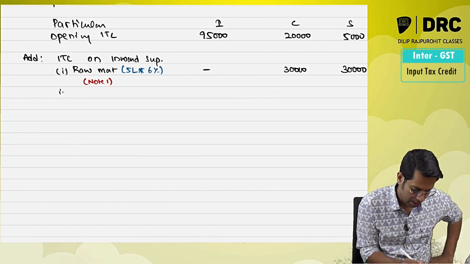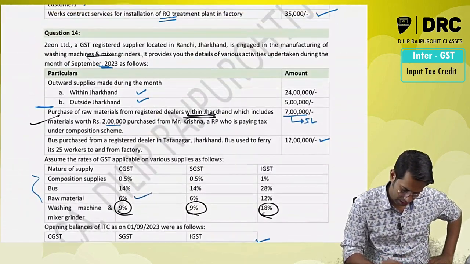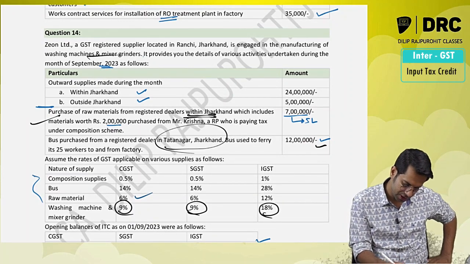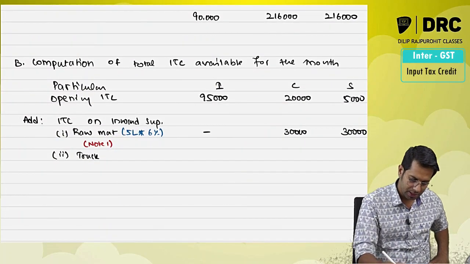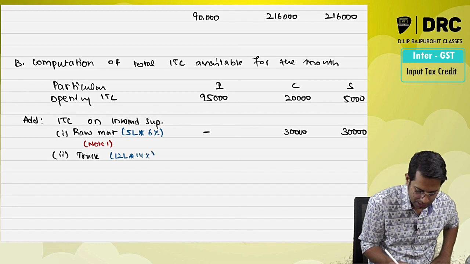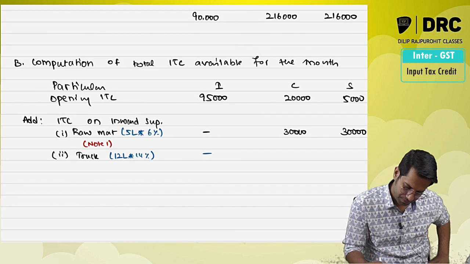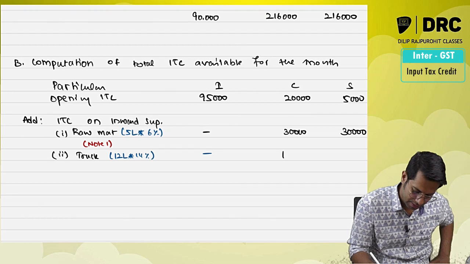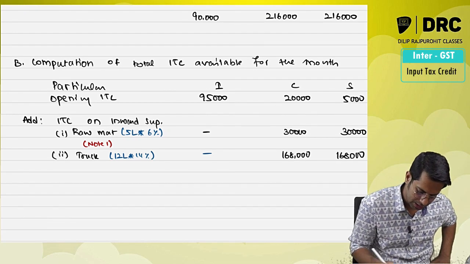Then the truck which is purchased is worth rupees 12 lakhs and GST is 14%. It is purchased in Jharkhand only, Tata Nagar, Jharkhand, so within the state. So truck, it is 12 lakhs into 14%. IGST nothing is there. One lakh 68,000 and 1,68,000.